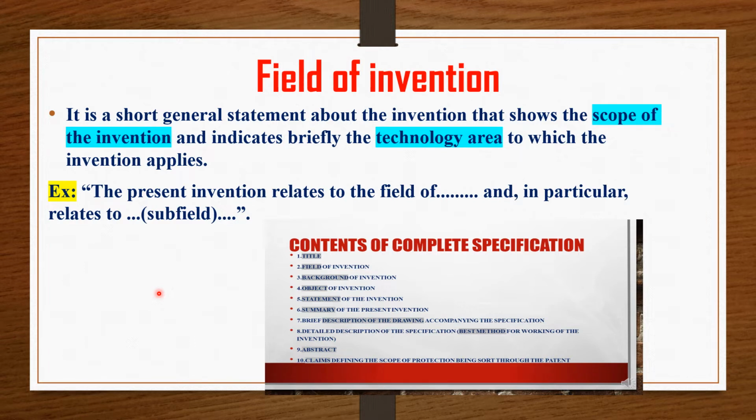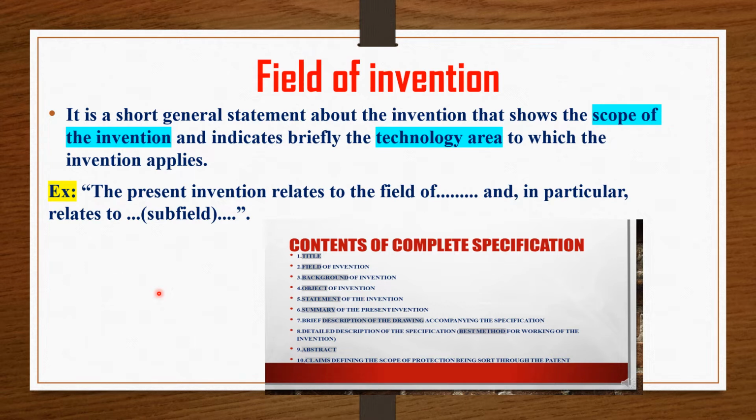So we can say that this gives more emphasis on the scope of invention, and it also indicates very briefly the technology area. The key phrase is the scope of the invention, and another keyword is technology area.